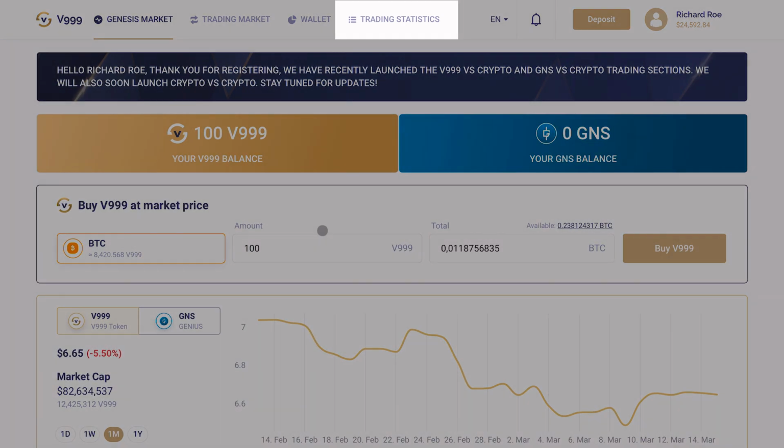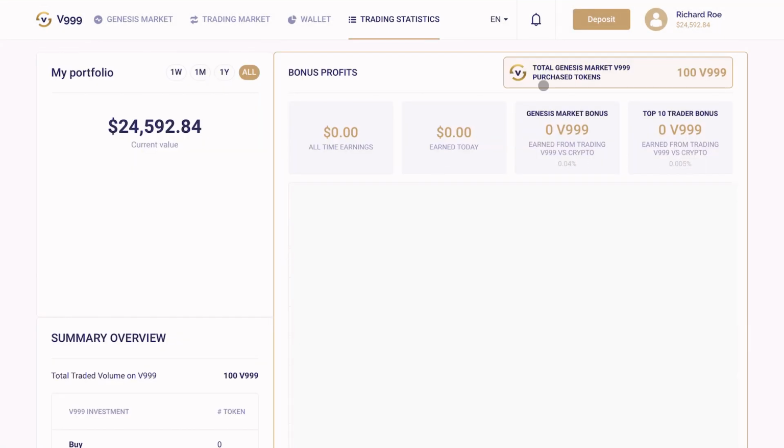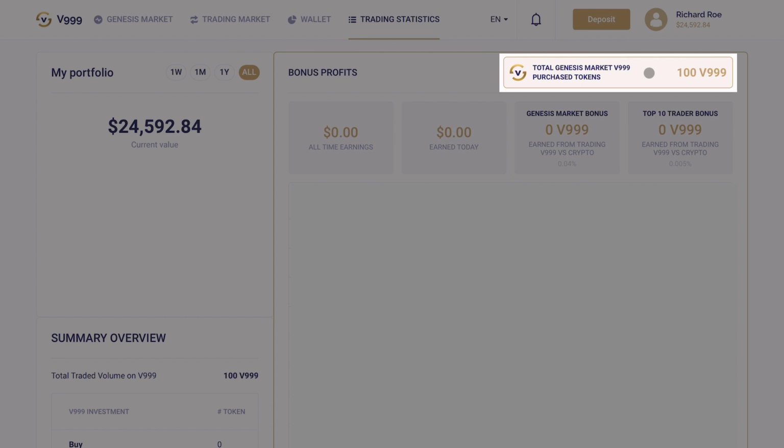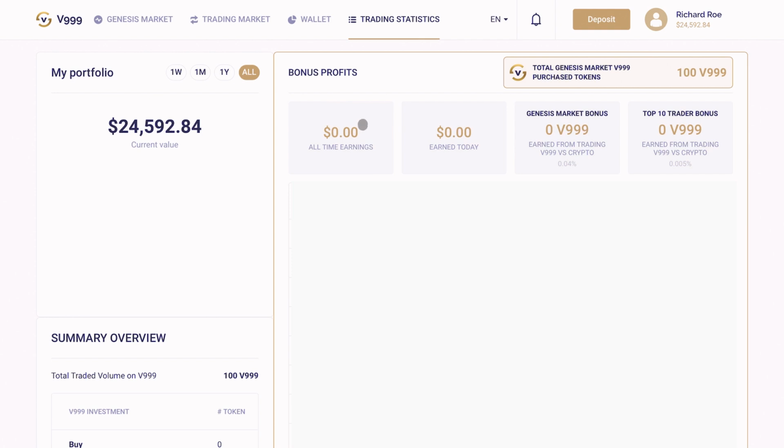Go to Trading Statistics. There you will find the V999 tokens you bought on the Genesis market. Simply unique is that with all the V999 tokens you have bought on the Genesis market, you will participate in all the V999 tokens traded on the trading market for life.